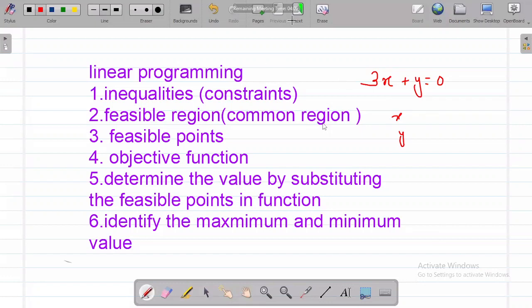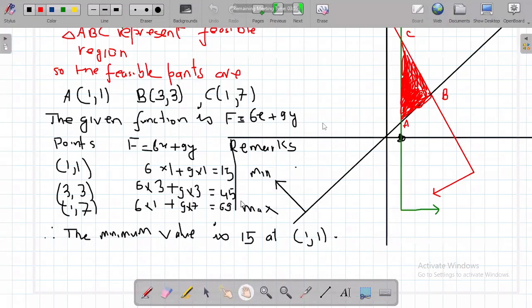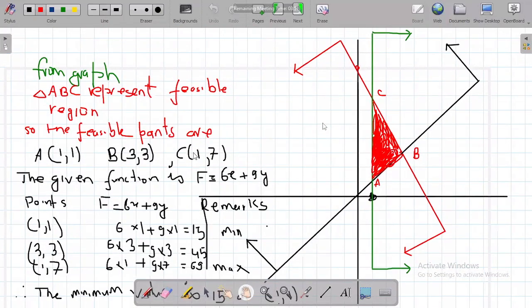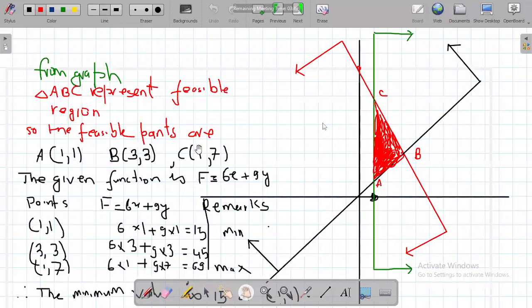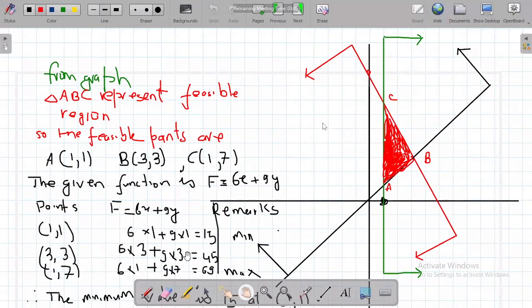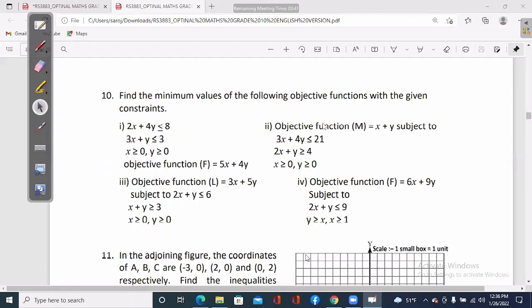Are you talking about this one, 10I? Okay, then let me move to this 10I. I have already erased 10I.